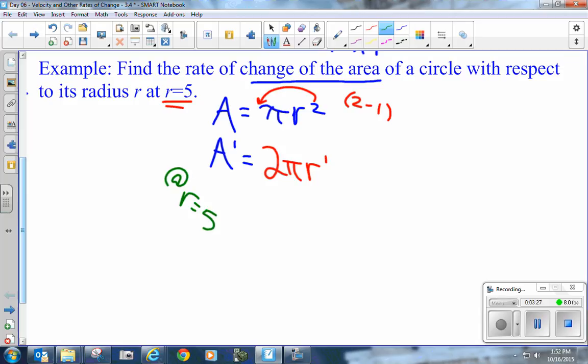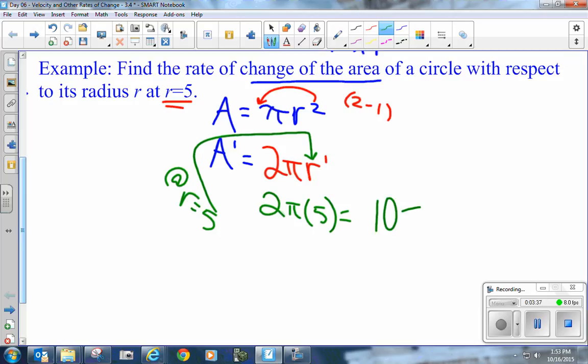So I do 2 pi times 5, which is 10 pi, to make it exact and not round. That is the rate of change for a circle the moment its radius is 5.